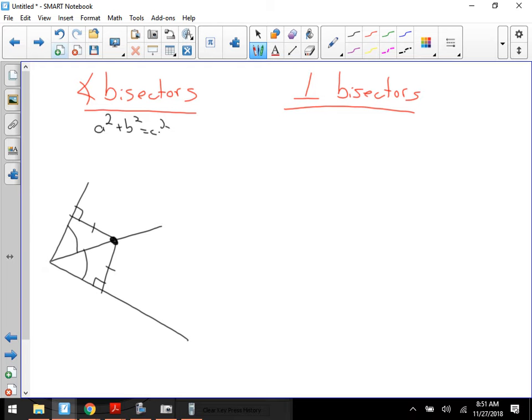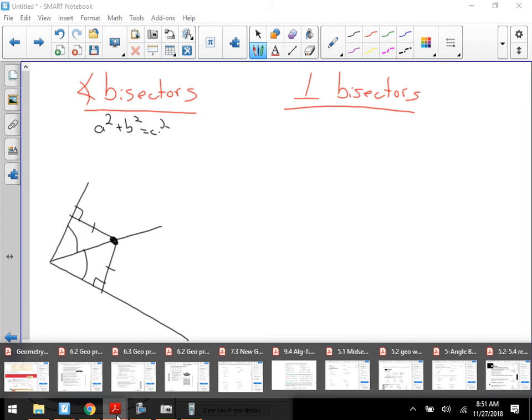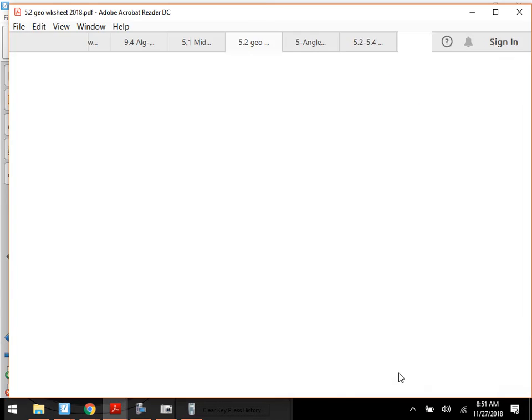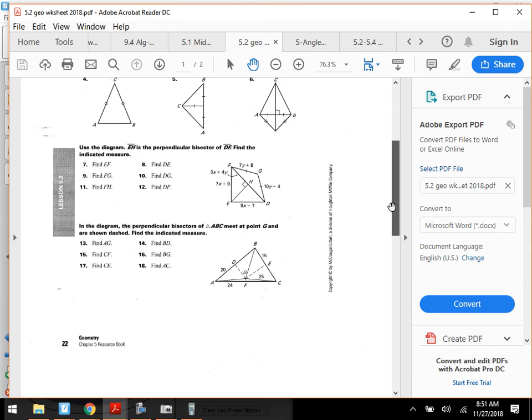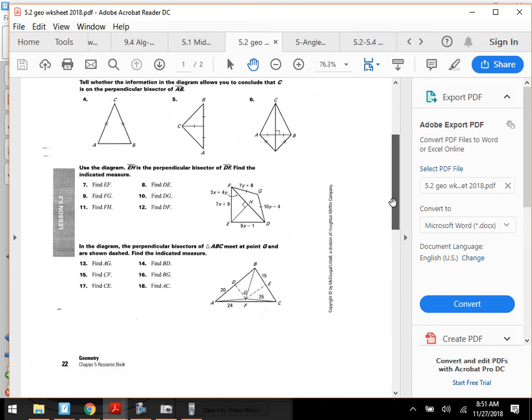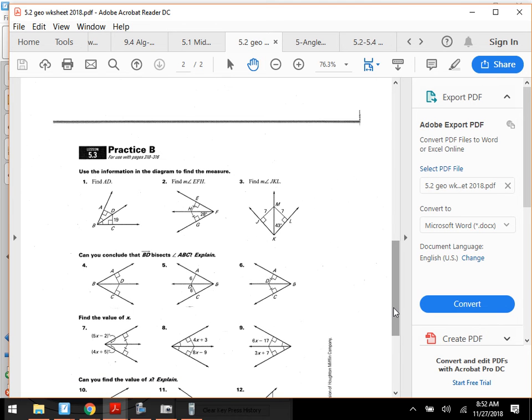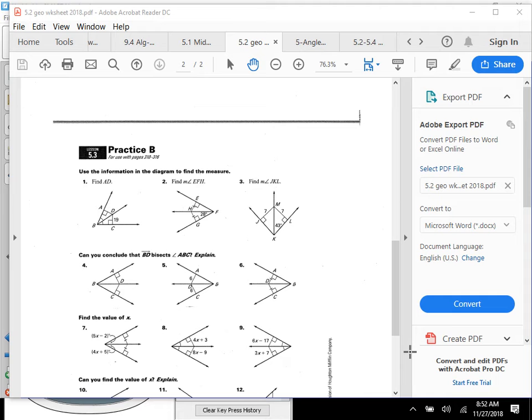Okay. So we're looking at angle bisectors themselves here.